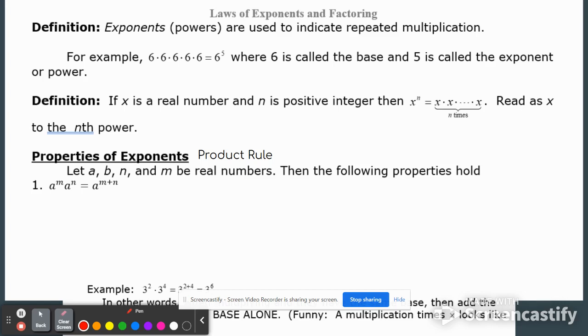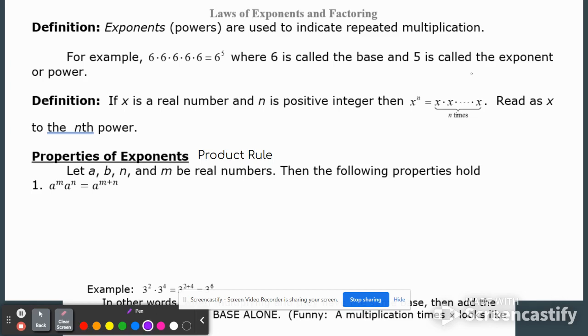By definition, if x is a real number, meaning basically any number you could think of, and n is a positive integer, so it is not a fractional number, then x to the n is equal to x times itself n number of times. We would read that as x to the nth power.